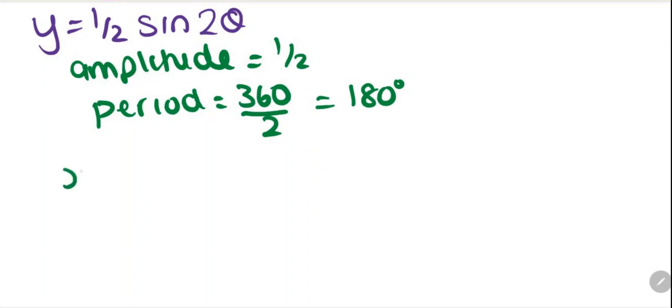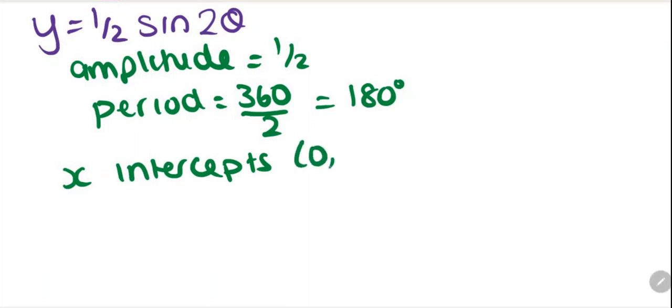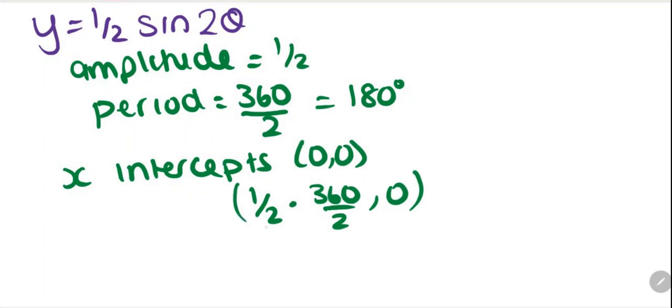And to find the x-intercept, where it cuts the axes, we're looking at sine. So this time we're going to use the intercept at 0, 0, because this is where the sine graph starts. So we'll have a half multiplied by 360 divided by 2, comma 0.